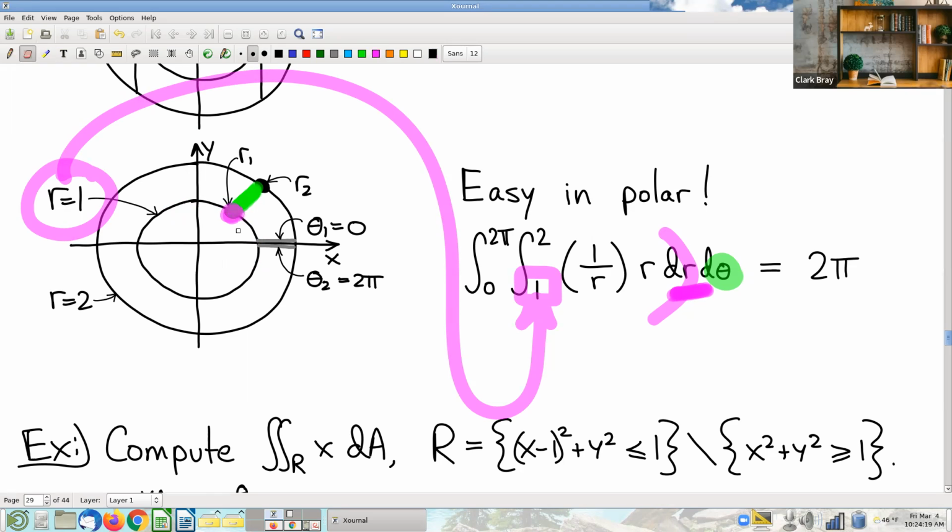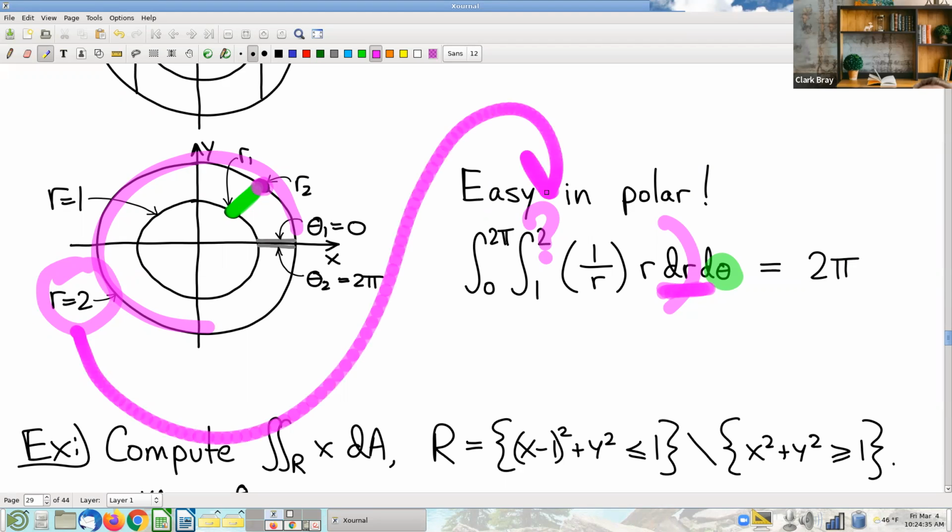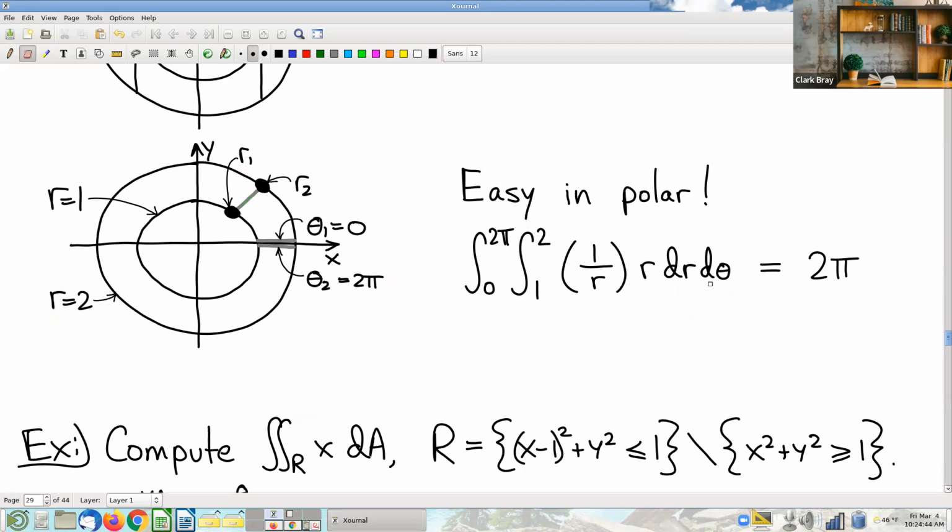And then likewise, to find the upper bound for r, what is that upper bound? Well, it's based on that point, which is on that curve, which has that equation. Solving still for r, so conveniently already solved for r. And there's my upper bound. So nothing to it in polar coordinates. Now do notice, I'm going to draw your attention, r dr d theta, right? Don't forget, gotta make sure to put that r in there.